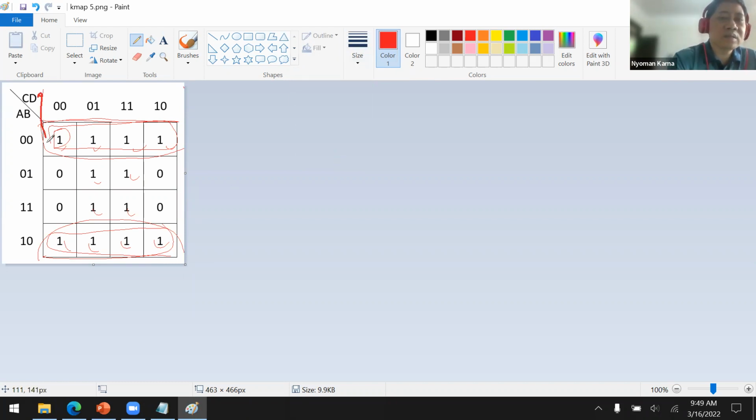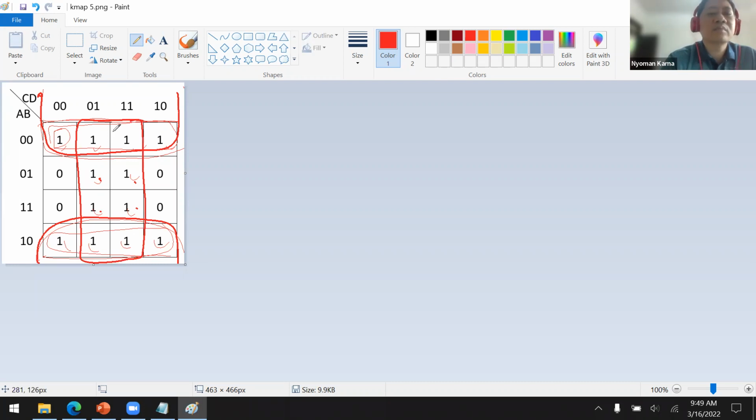So this is our group. Okay, do we have another active cell that is not in the group? Yes, it's still not in the group. Can we create a bigger group? Yes, this is the group. Do we have all active cells covered? Yes. All the active cells with value one are already in a group.